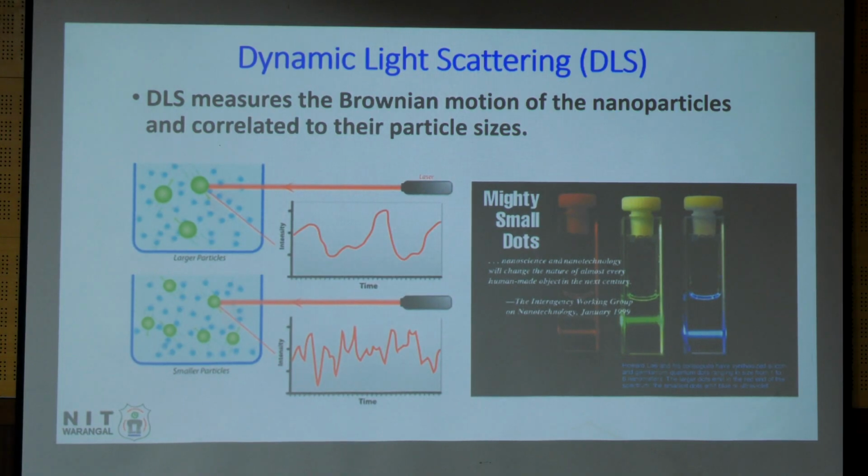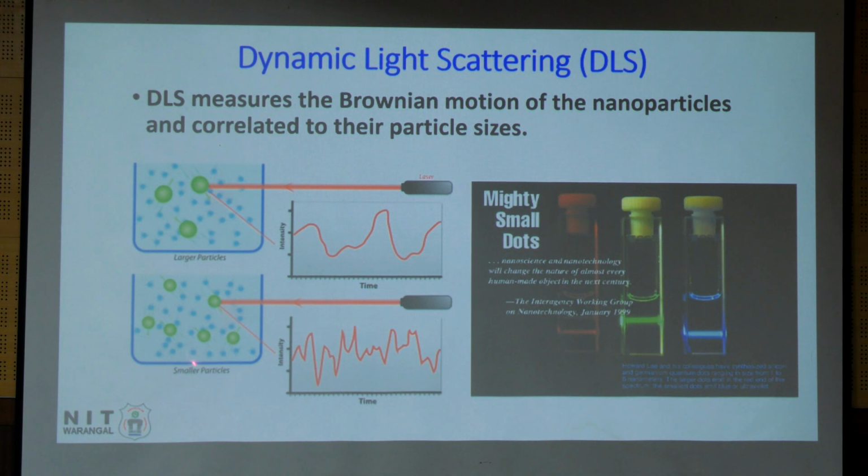You may think, I have made the particles, I have seen the SEM, it is about 10 nanometers. Here it is saying 50 to 100 nanometers. How come? If the particles are charged, obviously when they are moving dynamically, they try to collide and they form agglomerates. So the agglomerated size may be what this is estimating.